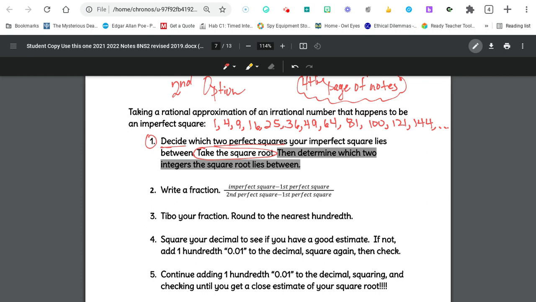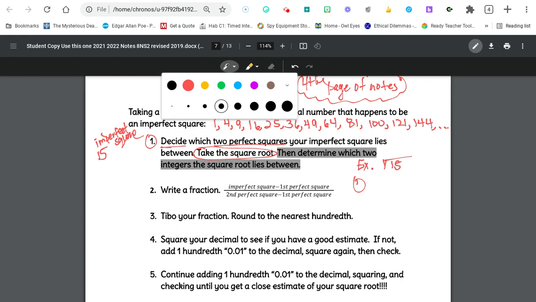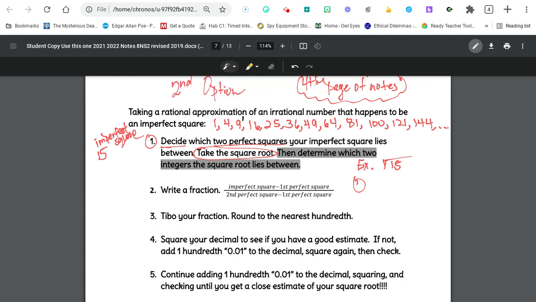So I'm going to give you an example. If I want to approximate the square root of 15, then step 1 would just be to determine which 2 perfect squares 15 lies between. 15 is your imperfect square. All right, so I know 15 lies between 9 and 16.